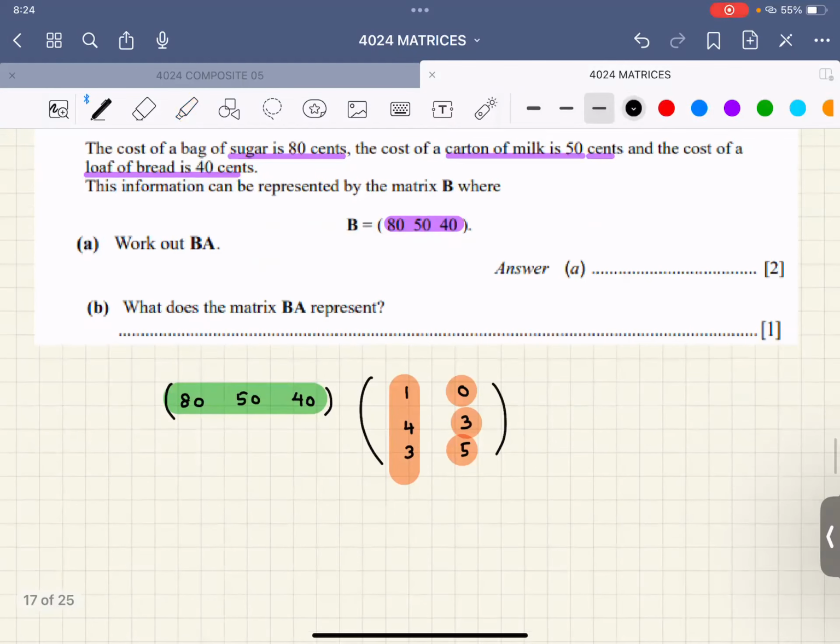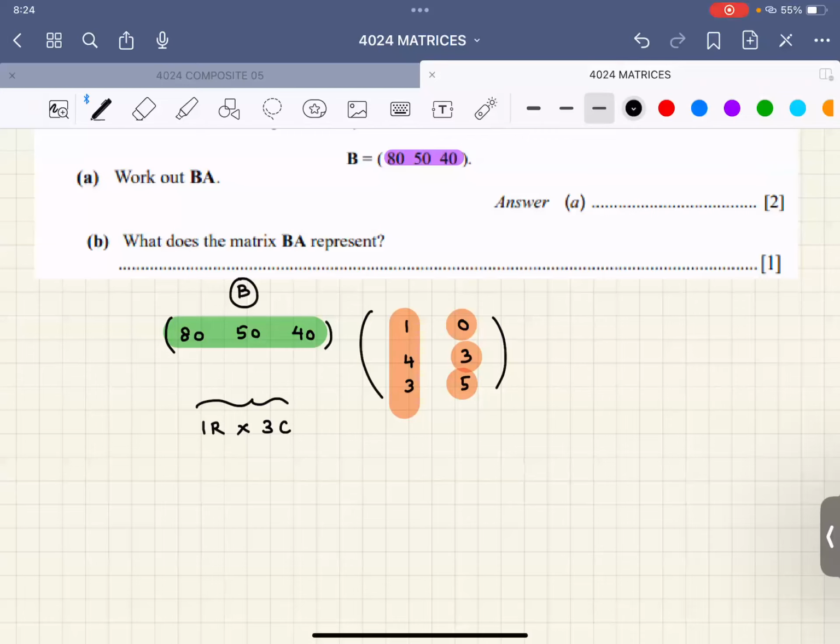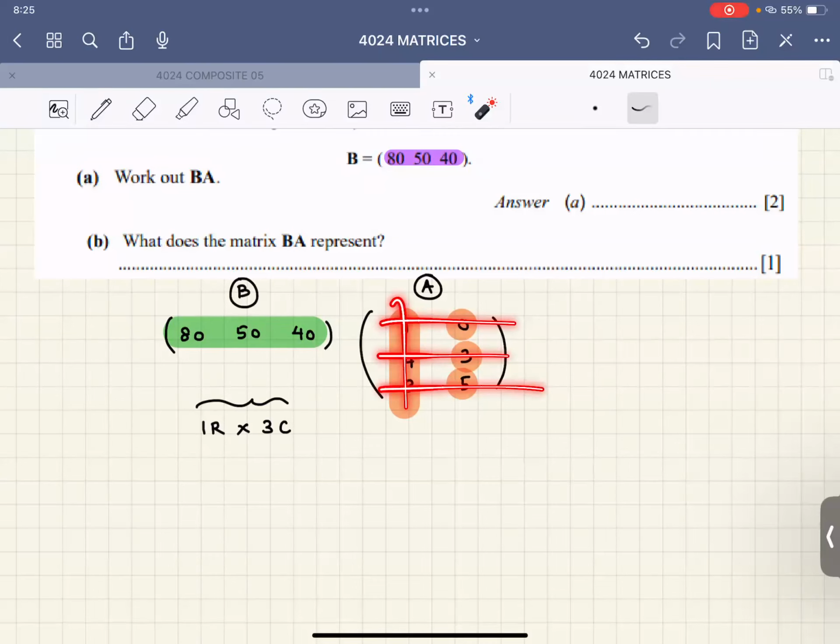Now, let me also write, what is the order? That's 1 row and 3 columns. This is for matrix B. And then for matrix A, this is 1, 2, 3, 3 rows, 2 columns.